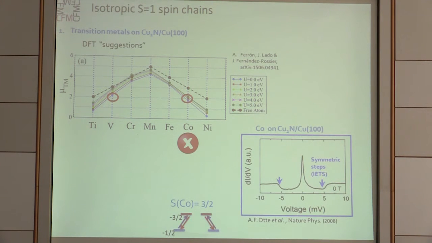The problem is that the experiments on cobalt show that the Kondo peak at zero bias, with the inelastic steps and how they change with the magnetic field, behave much more as a spin 3/2 system than as a spin 1. So clearly from this, I would say that we can forget about the cobalt. So the other possible candidate will be the vanadium.